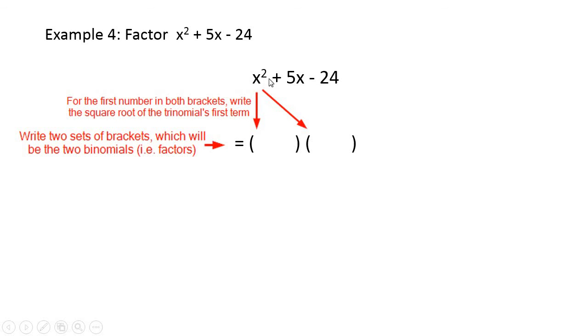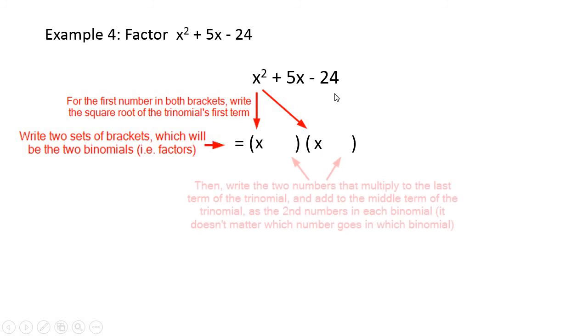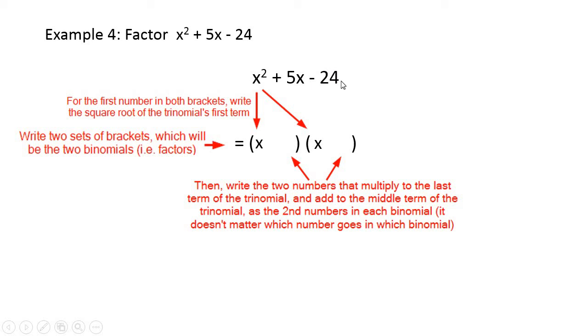So the square root of the first term is what we write as the first term in each of these binomials. And then what two numbers multiply to negative 24 and add to 5? Negative 8 times plus 3 is negative 24, and negative 8 plus 3 is negative 5.